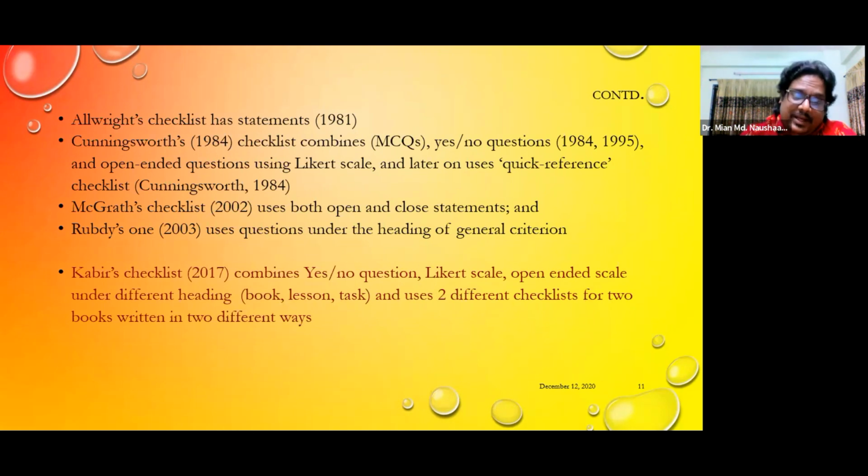Now, in the beginning, I said that I am going to share my understanding and experience. As part of my PhD, I had to evaluate a set of course materials, and when I was going through all these checklists available in the literature, I found that they are very effective, valid, and very comprehensive, but they were not completely suitable for evaluating the kind of materials which I intended to evaluate.